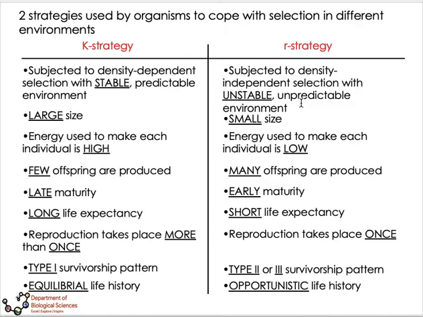However, in a stable population, for example, which are less affected by the fluctuation, any abrupt change in the environmental condition could affect the population kasi nasanay sila at stable environment. Okay? So that's the comparison between the two.